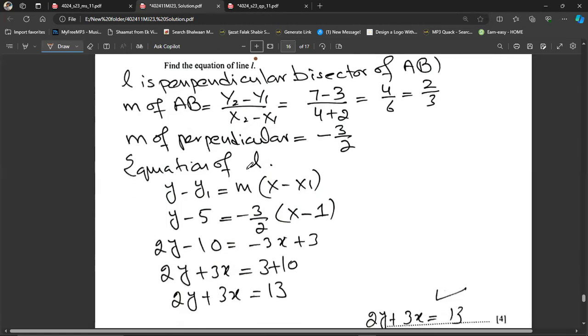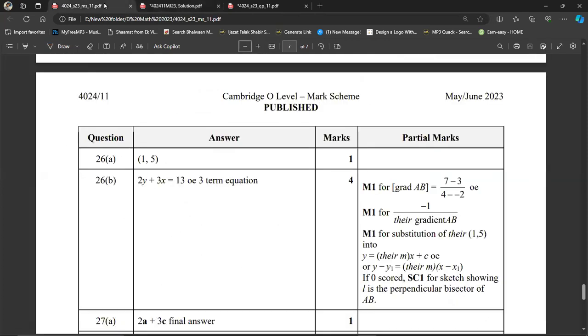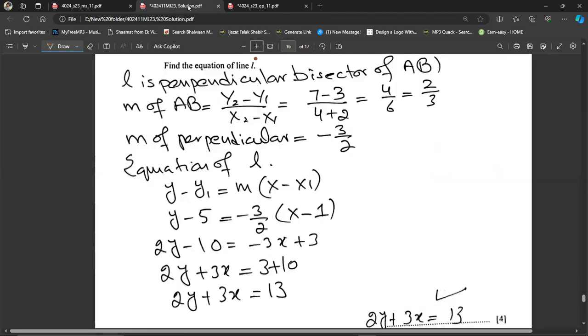In the place of x1, I will put 1, and in the place of y1, I will put 5. In the place of m, I will put minus 3 by 2. So y minus 5 is equal to minus 3 by 2, bracket x minus 1. This 2 will come this side. 2y minus 10 is equal to minus 3x plus 3. So you will have 2y plus 3x is equal to 3 plus 10. So 2y plus 3x is equal to 13. This is my answer. Hopefully you understand.